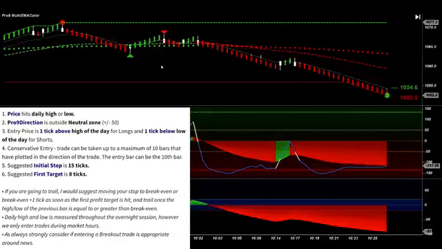Now, statistics do and will change, so these are to be used as suggestions only. I strongly suggest you find what's comfortable for you. To sum this up, lately, 90% of the time, if the market moves against the trade by 10 ticks, it will likely go on to hit the 15-tick mark.